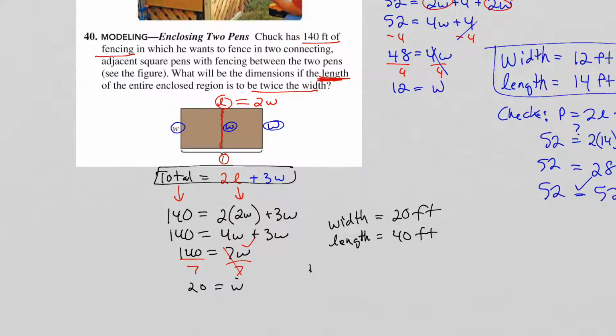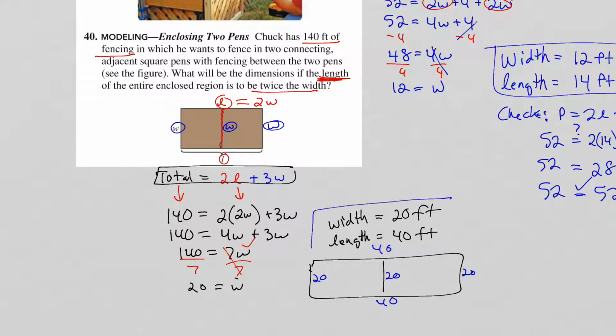Okay, so basically, if we label this, this is 20, 20, 20. This is 40, this is 40. Okay, so 40 plus 40 is 80. Plus another 60 is 140. Okay, so this checks out.